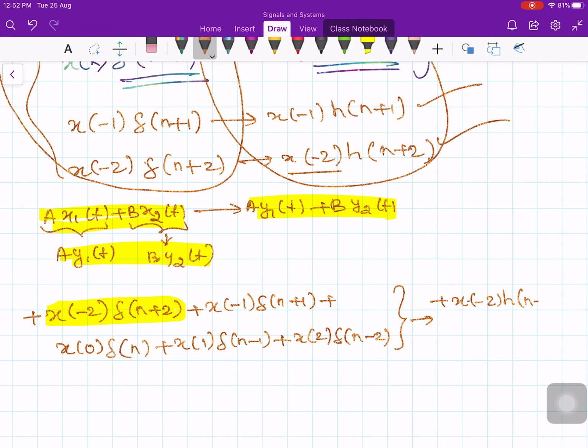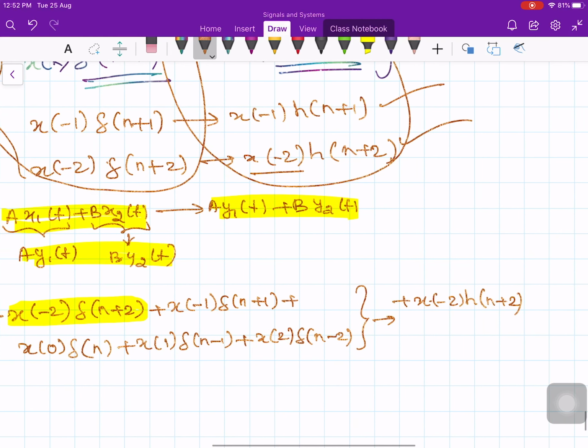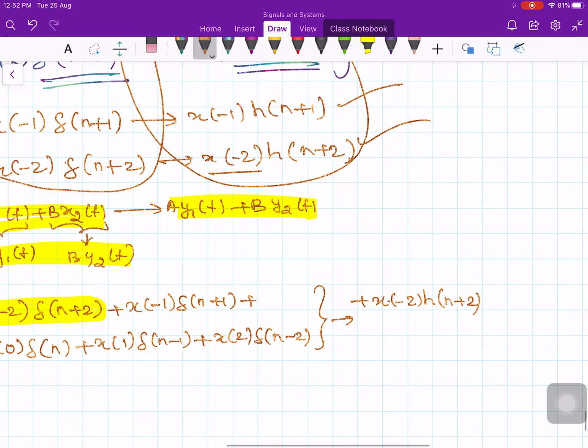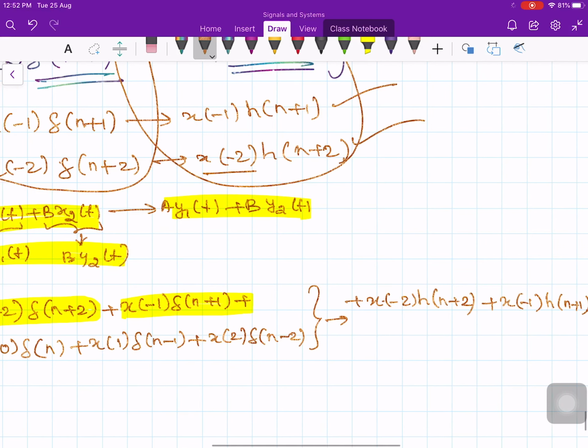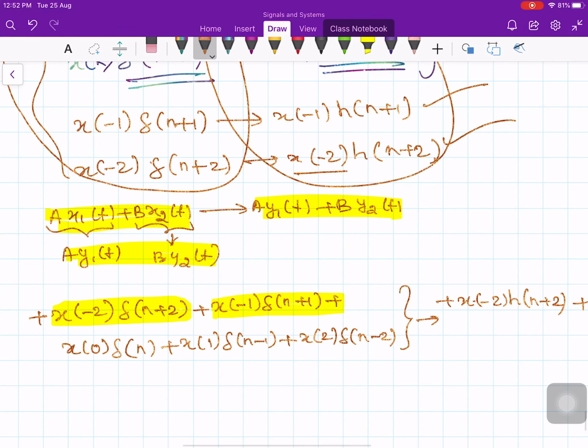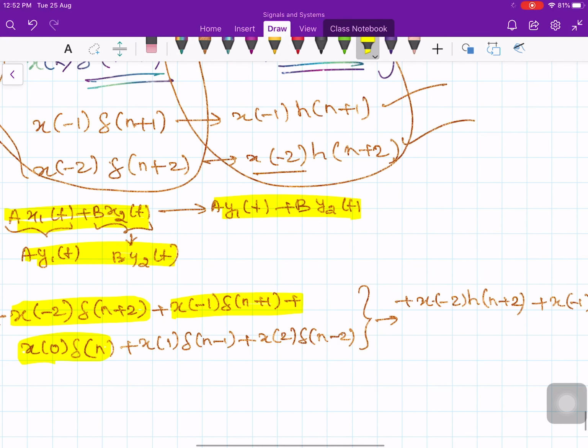Then this term gives output which is plus x of minus 1 h of n plus 1, right? Then this term x of 0 and del of n gives rise to x of 0 times h of n.